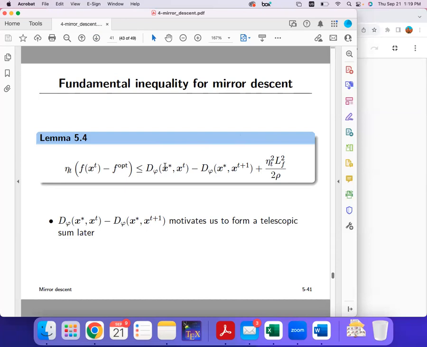And this gap is related to such a distance, plus some residual terms. Okay. And these two divergence terms have very similar structure, but here's x_t, here's x_{t+1}. So later on we can do a telescoping and cancel out the intermediate terms. Okay. But first, let's prove this key inequality.